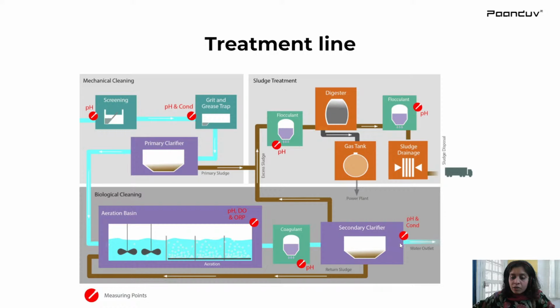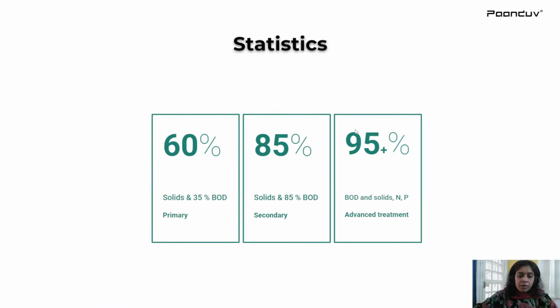Now, the water can be sent for the secondary treatment or tertiary treatment, but the sludge from here goes to the sludge treatment plant. Through primary treatment, you can eliminate up to 60% solids, and BOD can come down by 35%. Through secondary treatment, solid removal can be up to 85%, and BOD removal can be up to 85%.